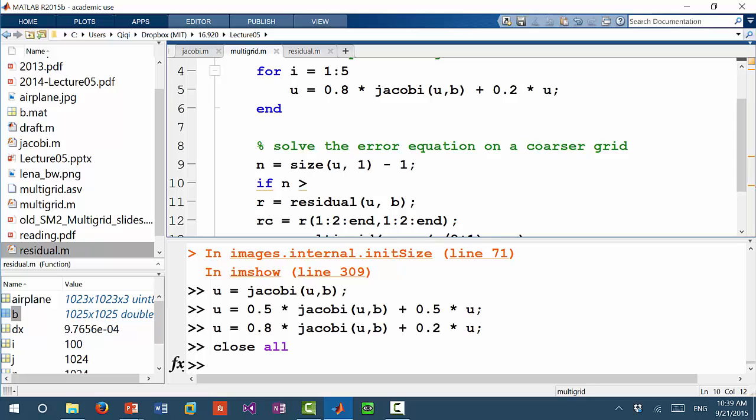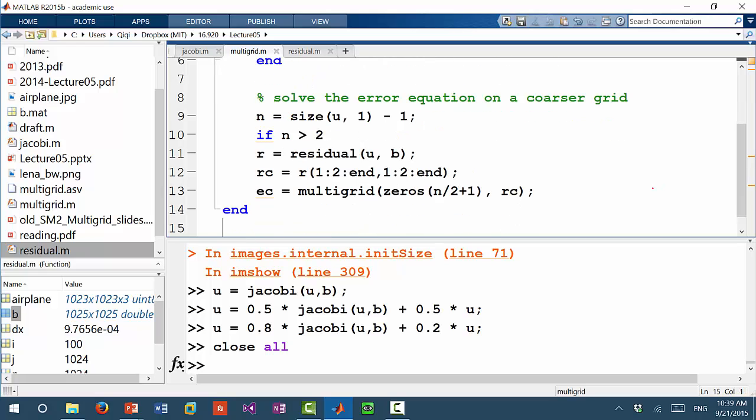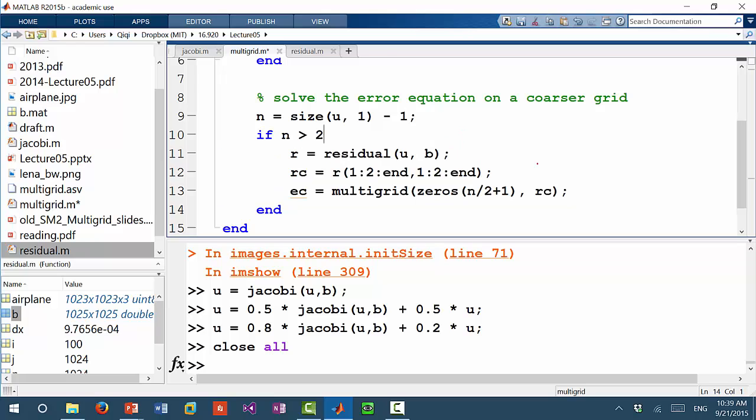The closest case is when I have 2 grid spacing, so I need n greater than 2, right? The whole thing. Okay, so I only solve on the coarse grid if there is a coarse grid. Compute the residual, interpolate the residual to the coarse grid, and solve the error equation. And then the next step is u is equal to u plus this EC.